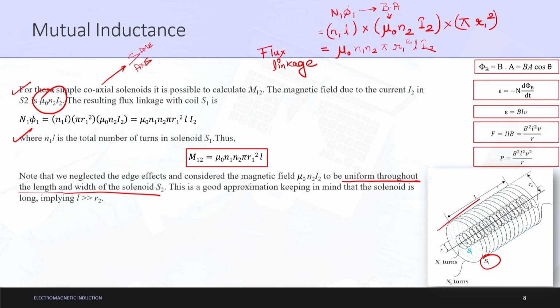So the magnetic field is intact in this complete position. This is a good approximation, keeping in mind the solenoid is long, implying the length is very much greater than R2.